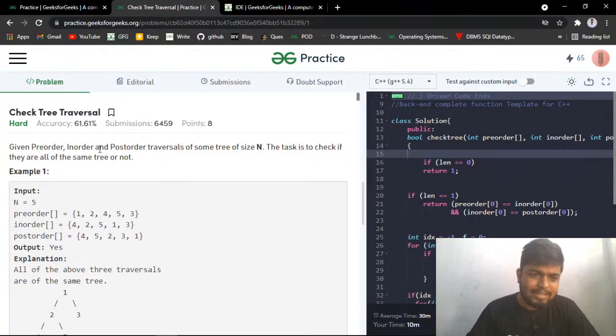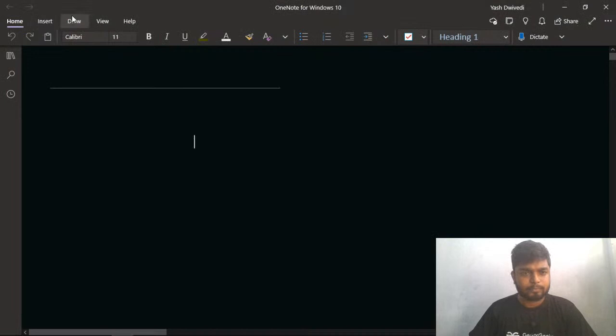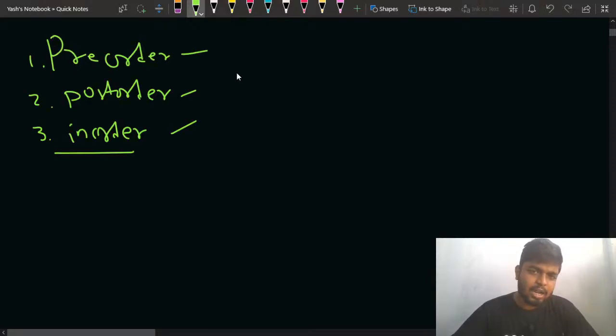So what you have to do is, you have been given the pre-order, post-order. Let me write. So for this problem, you have been given the pre-order and in-order, and what you have to do is tell if the three traversals are of a tree or not, right?